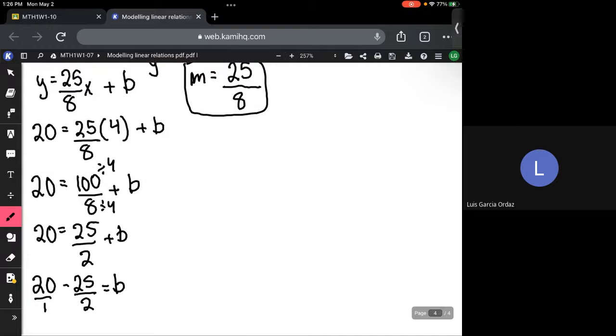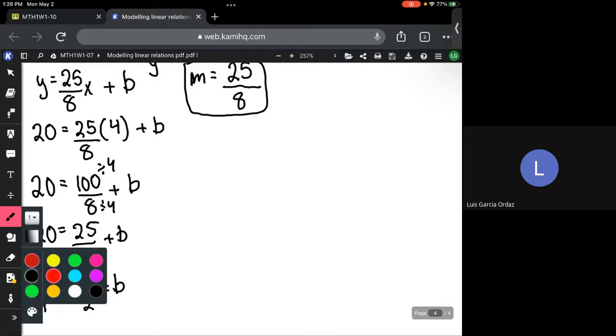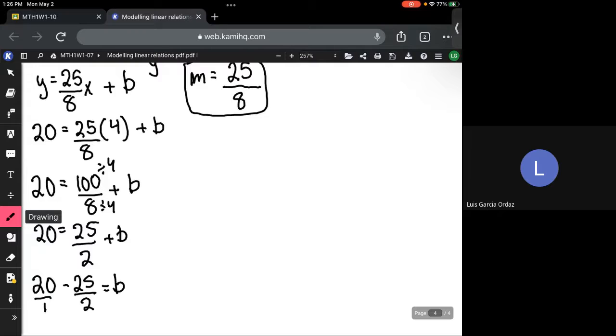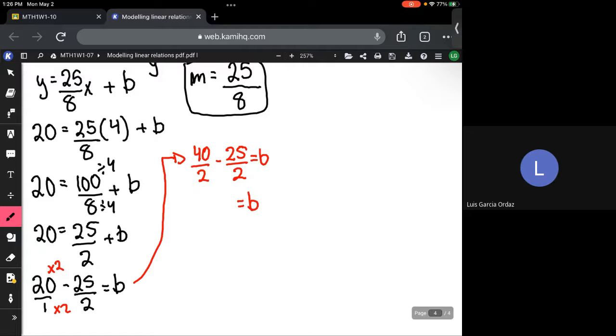What's my lowest common denominator? 2. So I have to multiply the first one by 2. So I get 40 over 2 minus 25 over 2 is equal to b. And what would my value for b become? 15 over 2.